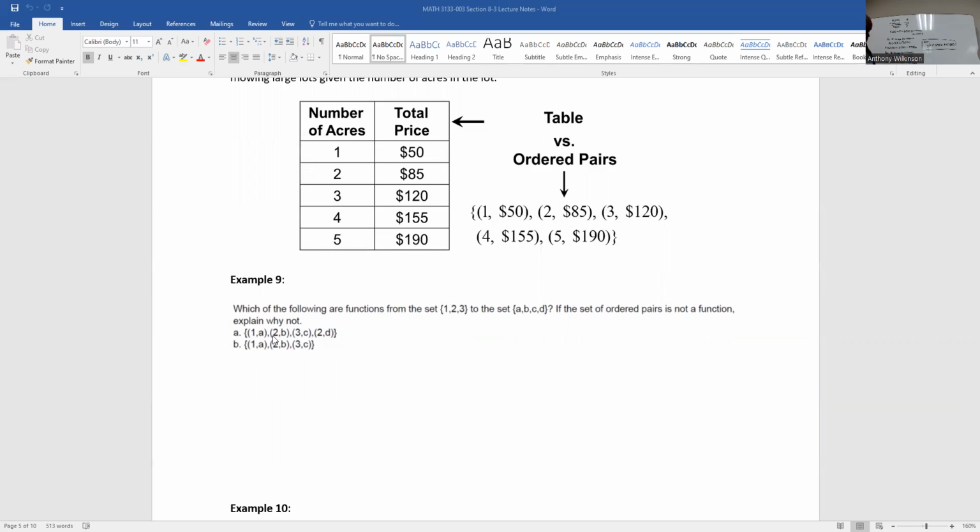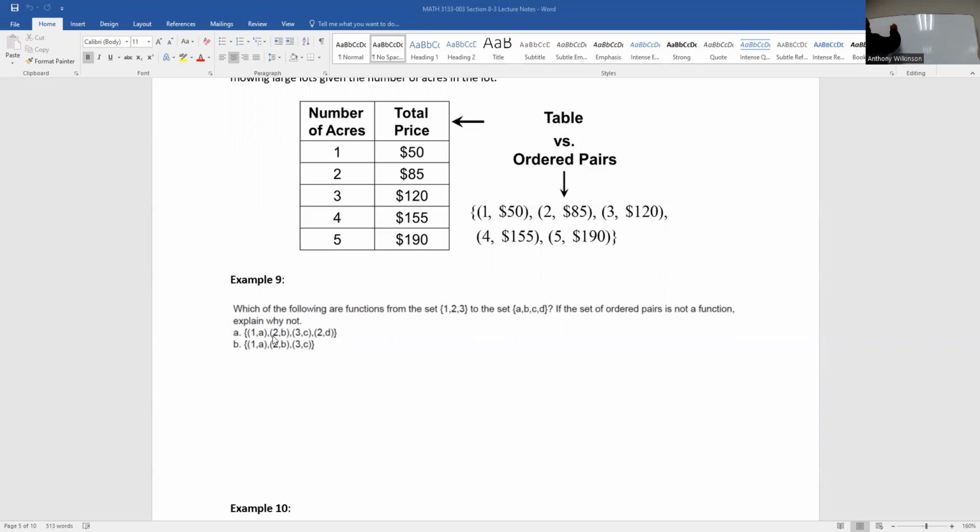Well, let's take a look at that. Because with these, to determine whether a set of ordered pairs is a function, you want to look at your x coordinates.